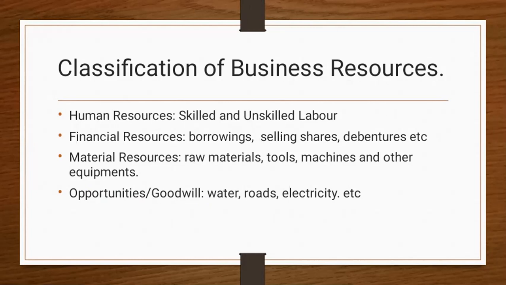Without the human resources, we can't actually make use of other resources. It is said that these are resources that plan, control, organize, and coordinate all other resources in order to achieve maximum efficiency. So any personnel required to run the business to achieve the organizational objectives and goals, they are what? They are the human resource.